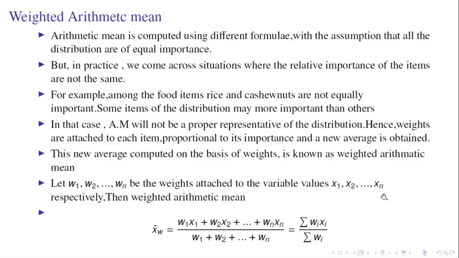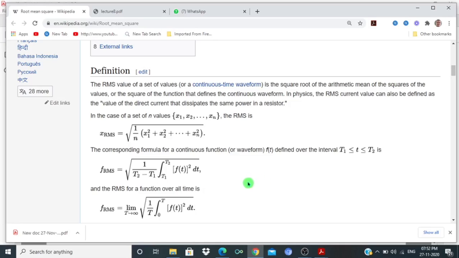And there are some other means also. In some competitive examinations I found they are asking about root mean square. Root mean square is derived from the mean only. Look here, every observation is squared and added, divided by the number of observations, and the root is applied.